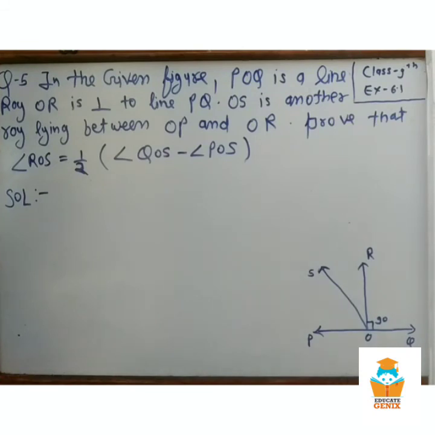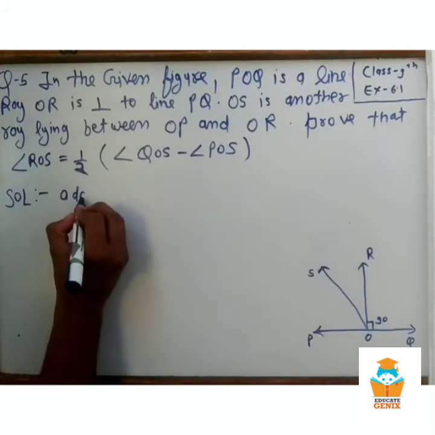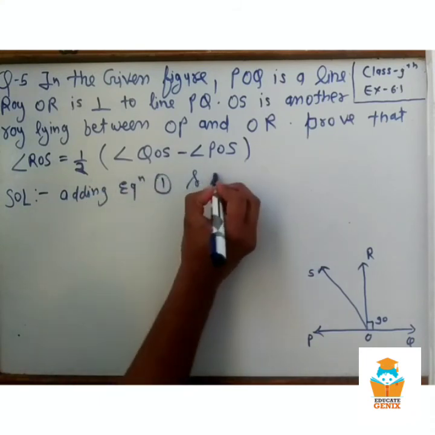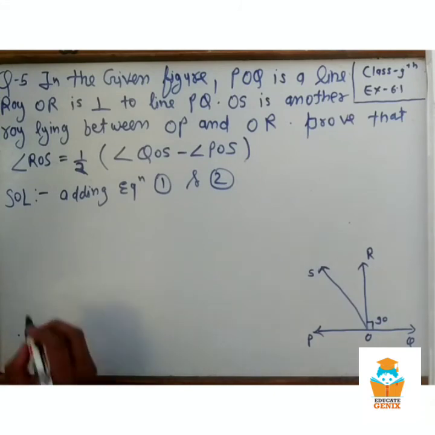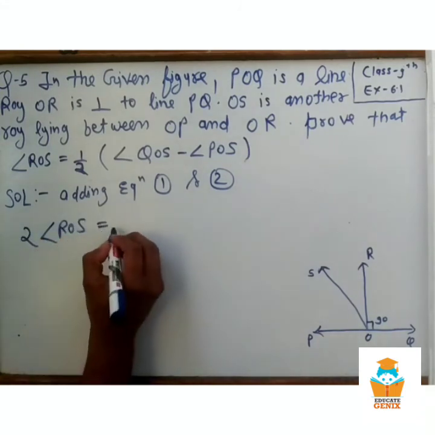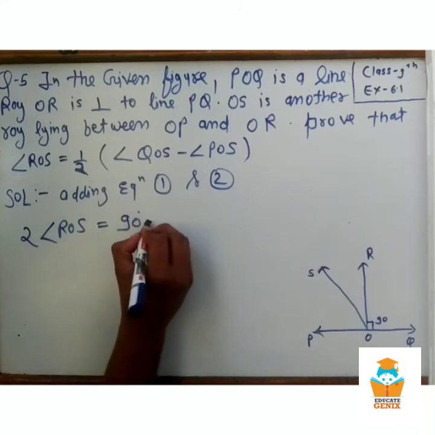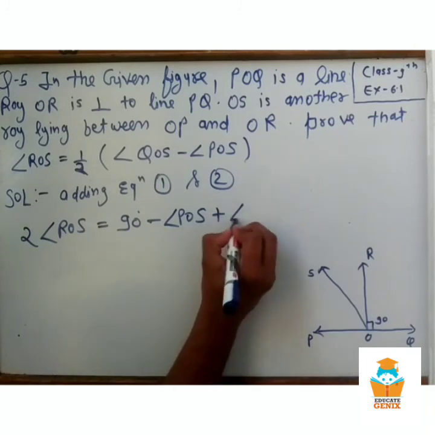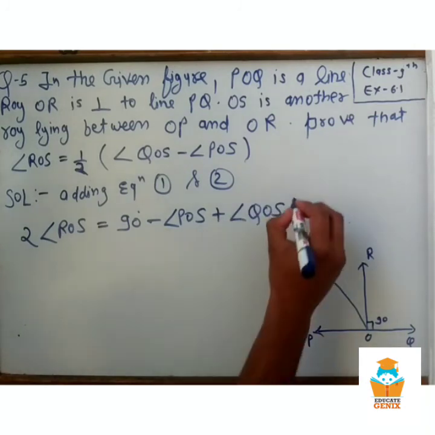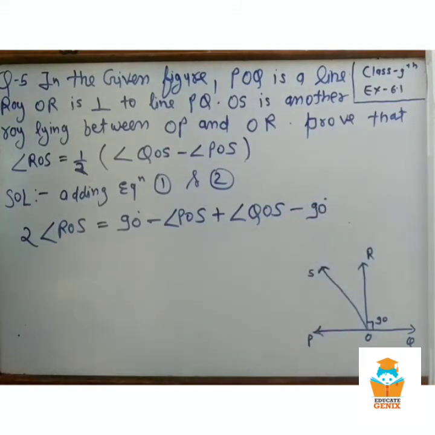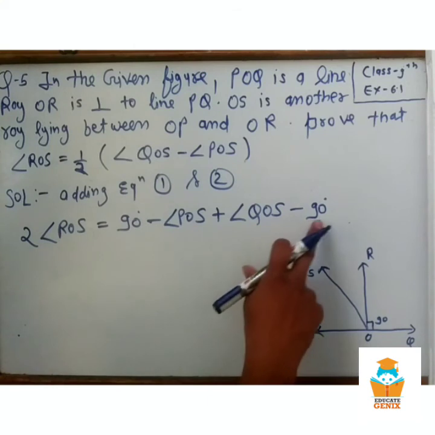So after adding equation one and two, we have got two angle ROS equals 90 degree minus angle POS plus angle QOS minus 90 degree. As you can see, this 90 degree and this 90 degree are going to cancel out.